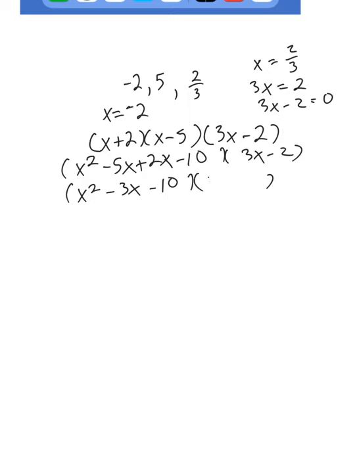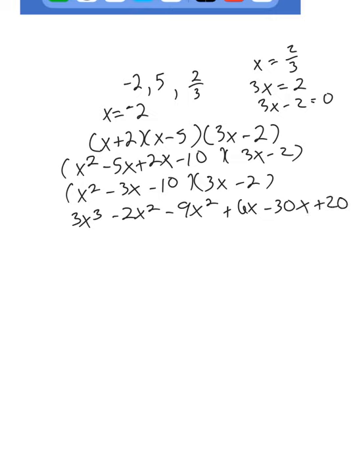Now I'm going to distribute the next part here. So then this becomes 3x cubed minus 2x squared minus 9x squared plus 6x minus 30x plus 20.